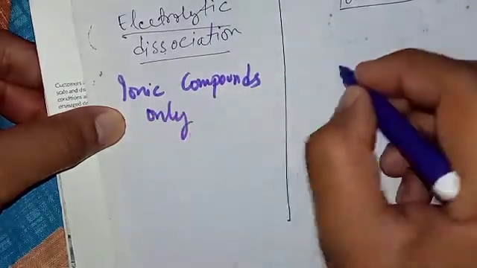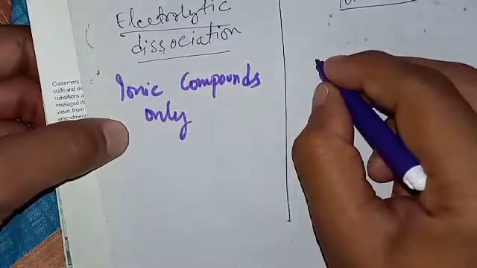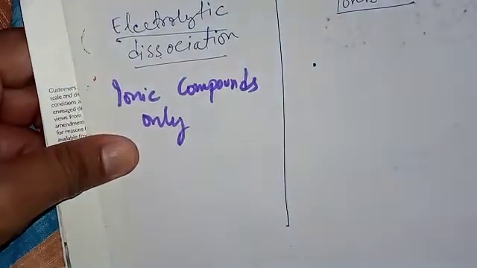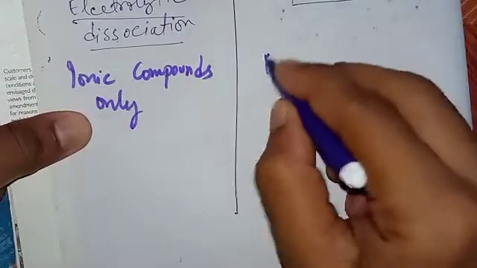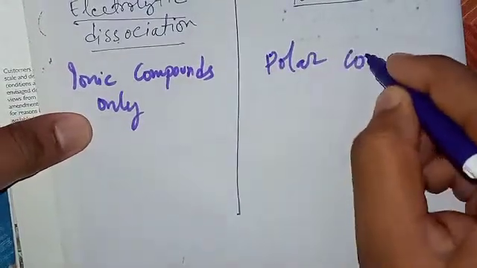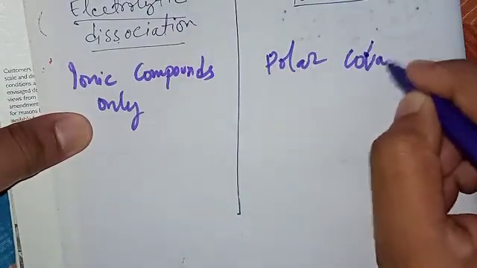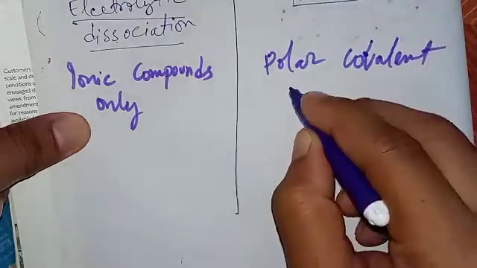Ionization takes place in polar covalent compounds. That is the very definition.